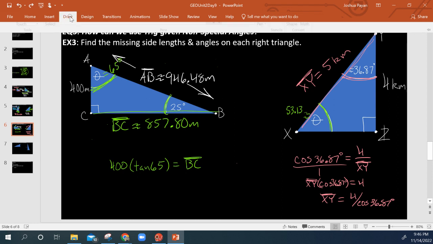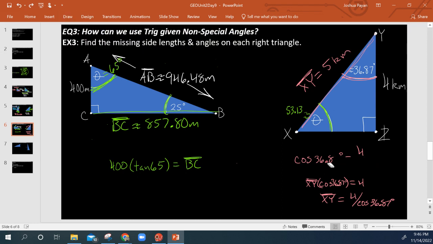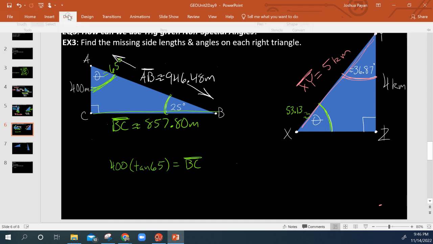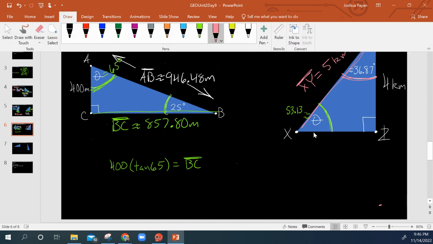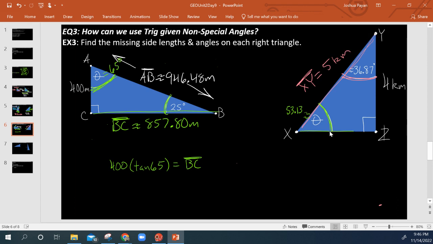Okay, so just to prove a point, let's do one more to find this missing short leg. I'll go ahead and use green here. So I'm going to use this angle here, and let's do tangents.